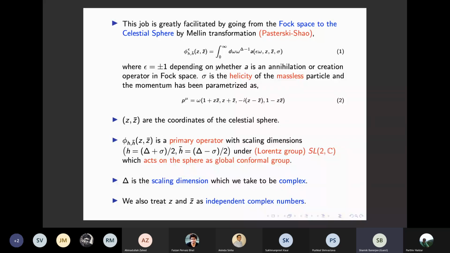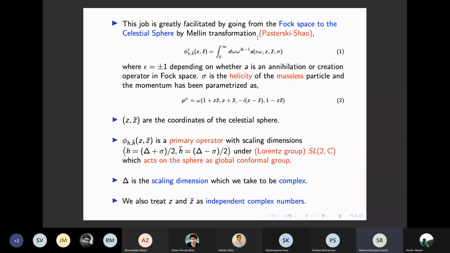And this equation holds only in the massless case. In this case, the null momentum p mu can be written in this particular form, where z and z bar are the coordinates on the sphere.